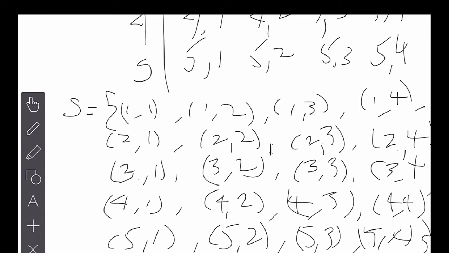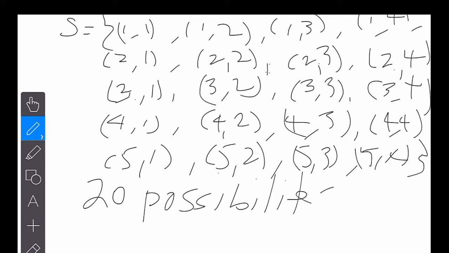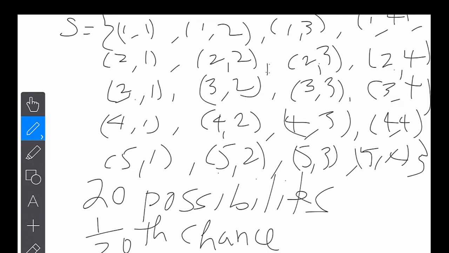So in that case, there are 5 times 4 outcomes, so 20. So 20 possible outcomes translates into 20 possibilities, each with a probability of 1/20th, because none of them are more likely than the other.